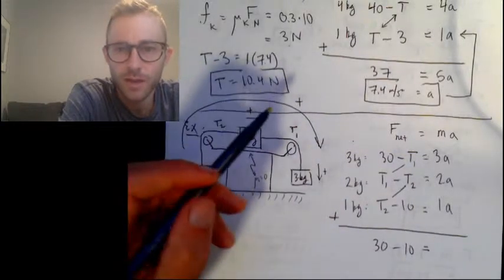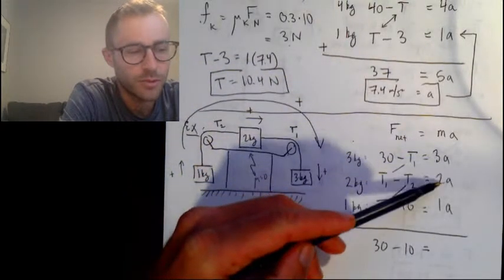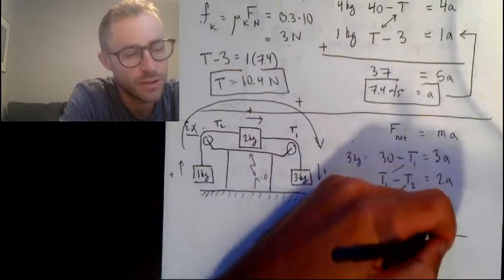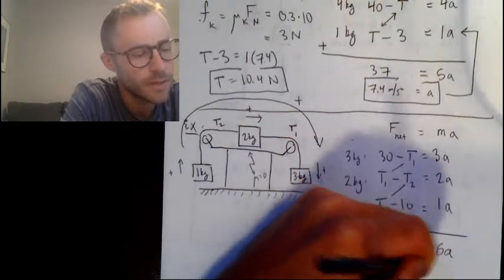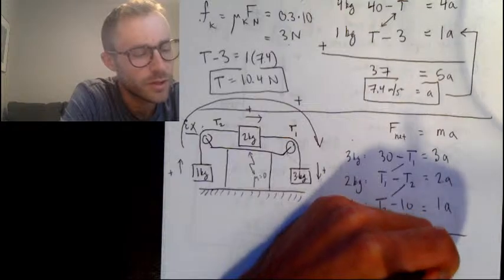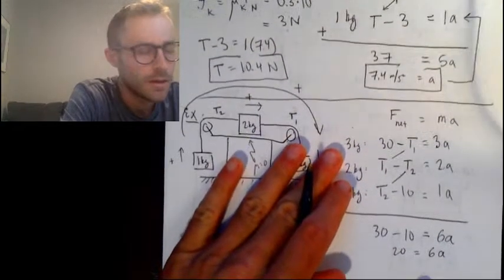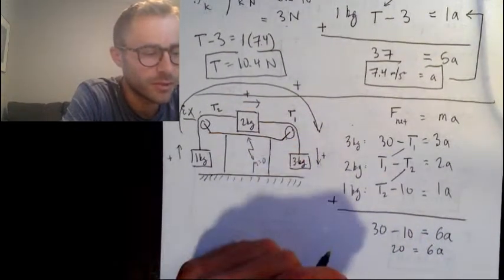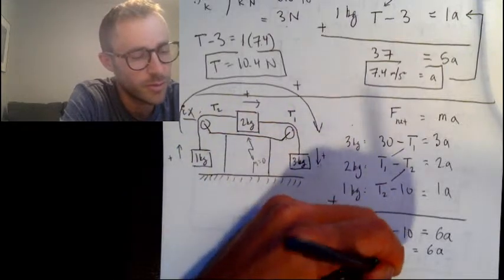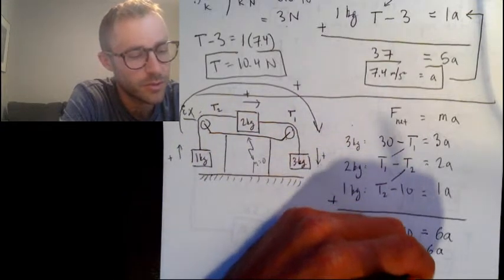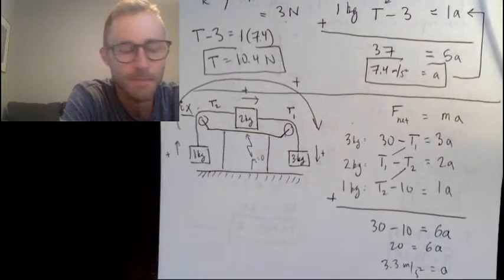On the right-hand side, we're going to have 3a plus 2a plus 1a equals 6a. So 20 equals 6a. Dividing both sides by 6, I didn't do this intentionally, but it's going to be 3.3 meters per second squared, the same answer as the other one we did.